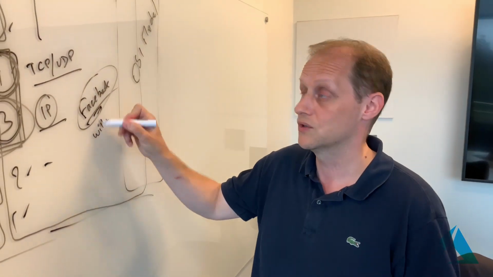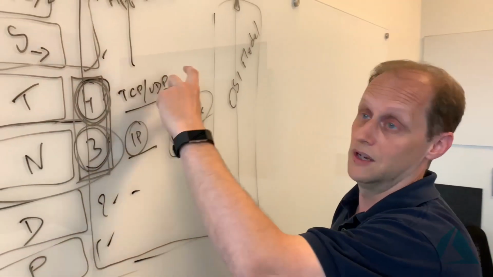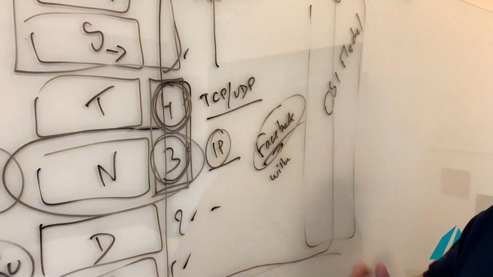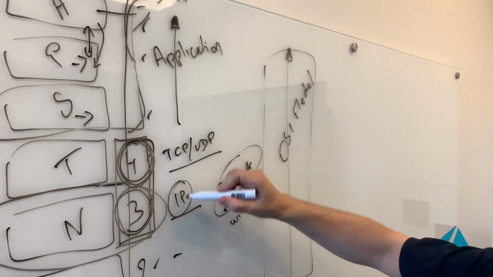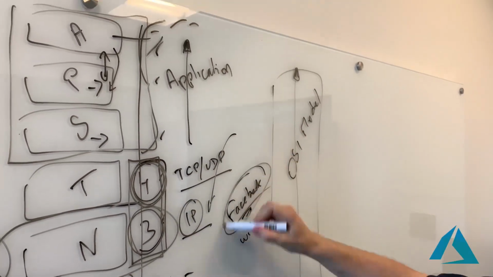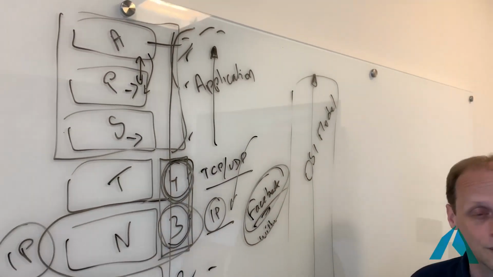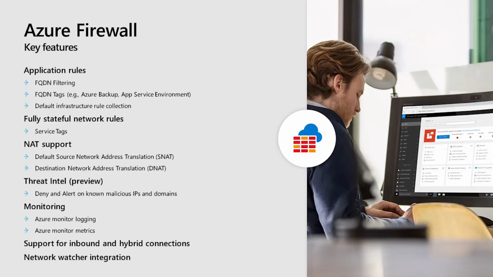So for example, those FQDN, it will do TCP/IP filtering. So it will literally say, you can allow this IP to go through this port to go to this website, for example. So Azure Firewall, fantastic new feature. How do you deploy an Azure Firewall in Azure?